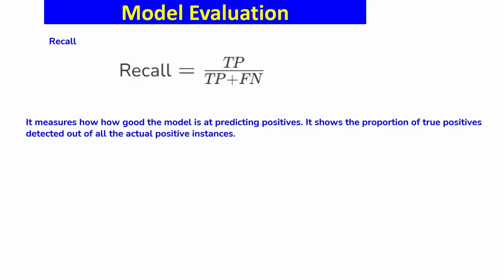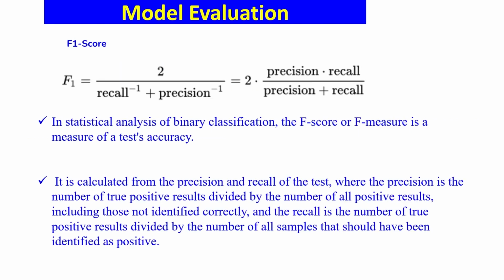So, recall is always written like that, TP by TP plus FN, which is true positive divided by true positive plus false negative, right.